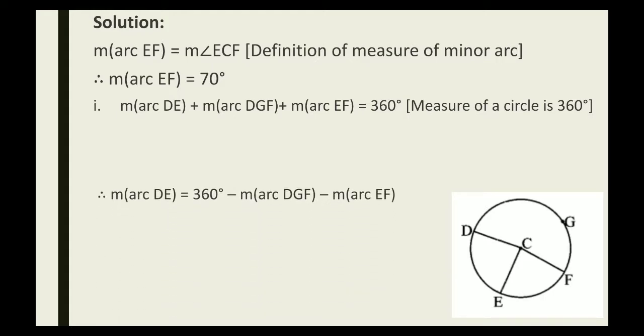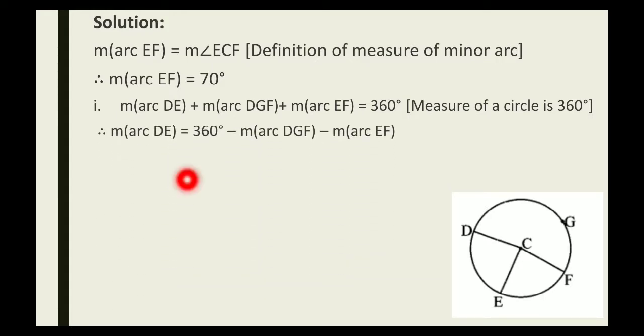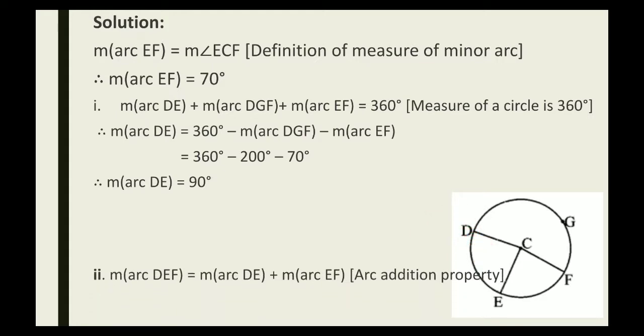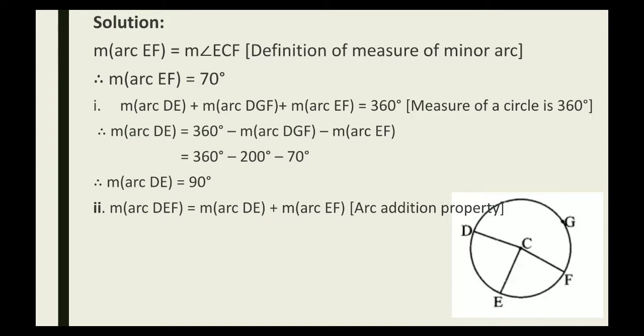Since we don't know the value of DE, arc DE is equal to 360 minus arc DGF minus arc EF. DGF we know is 200, and EF we know is 70 degrees. So the measure of arc DE is how much? 90 degrees. Okay, now what are we going to find? Now we are going to find the second.